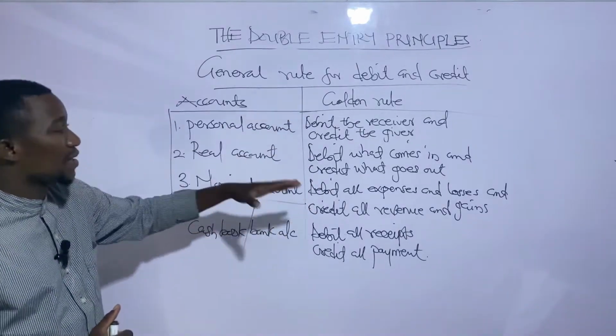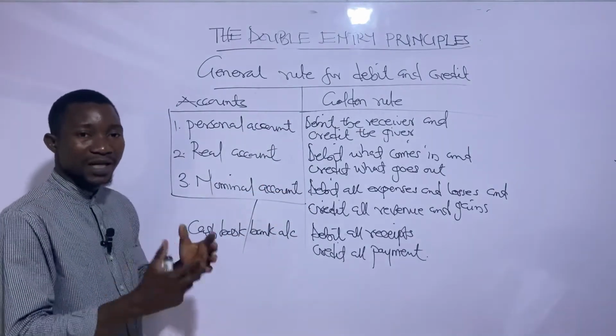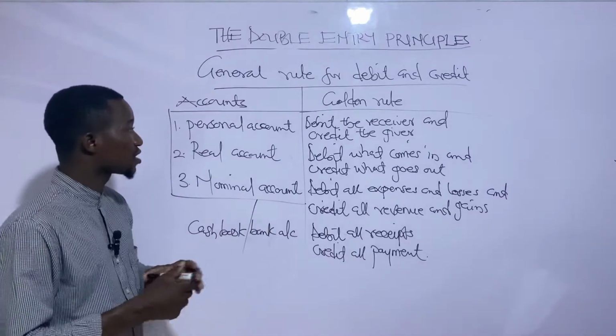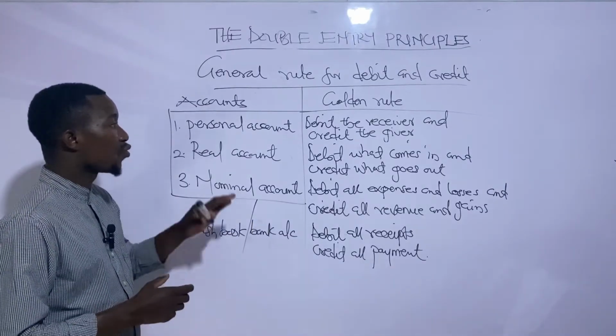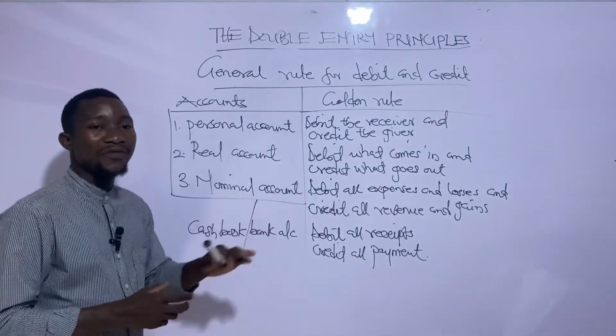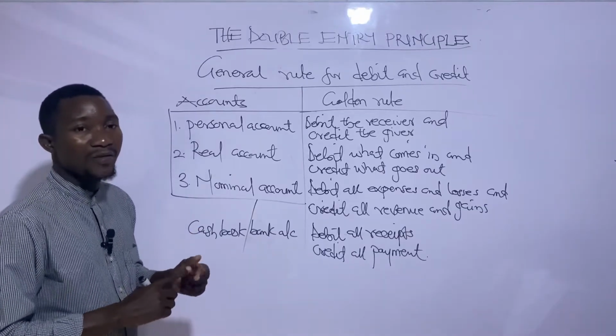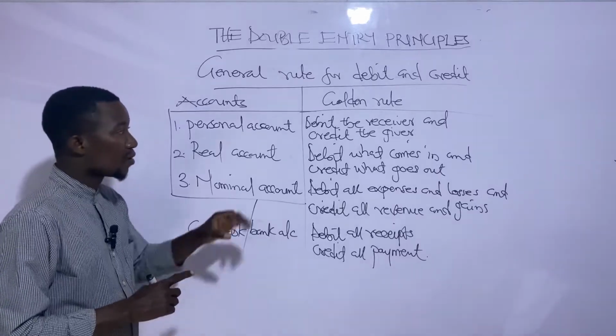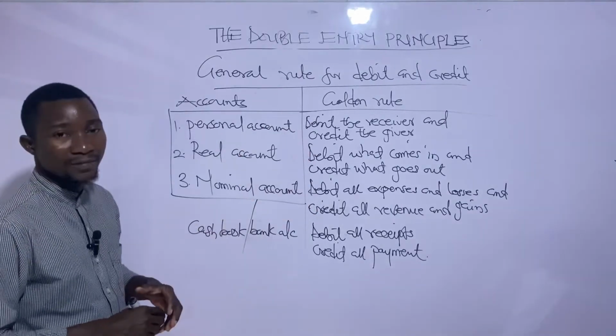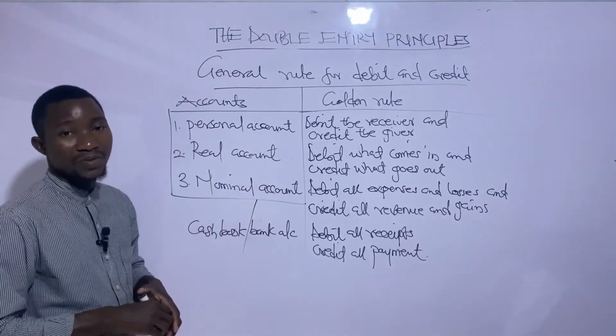So if you really understand this, if you want to take a question on double entry, it will be very simple for you. So we can proceed on to look at the double entry for assets, liabilities, capital, revenue, and expenses. But we can even deduce that from here. So let's quickly look at that as well.